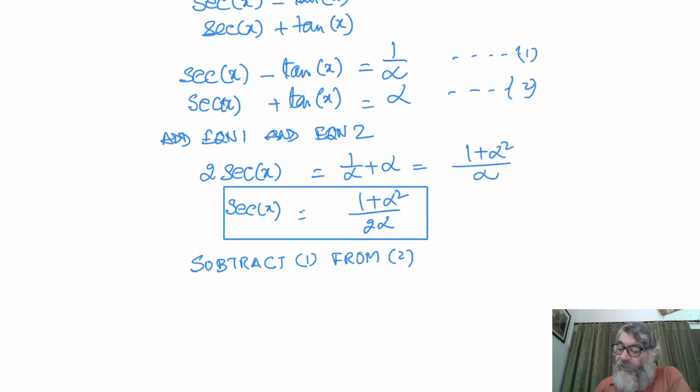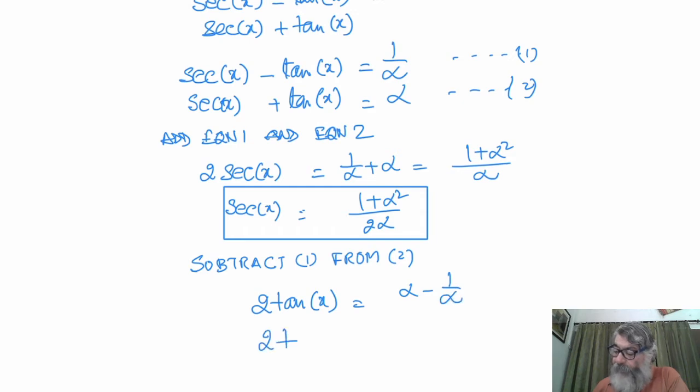When we subtract, sec x will cancel. So 2 tan x will be, we are subtracting 1 from 2, alpha minus 1 upon alpha.